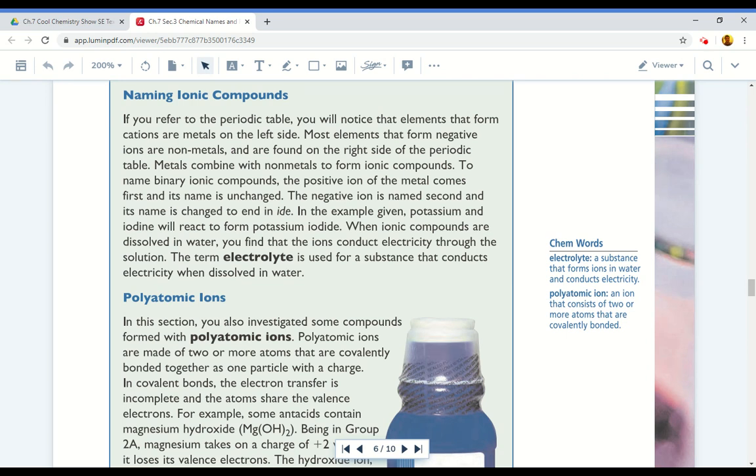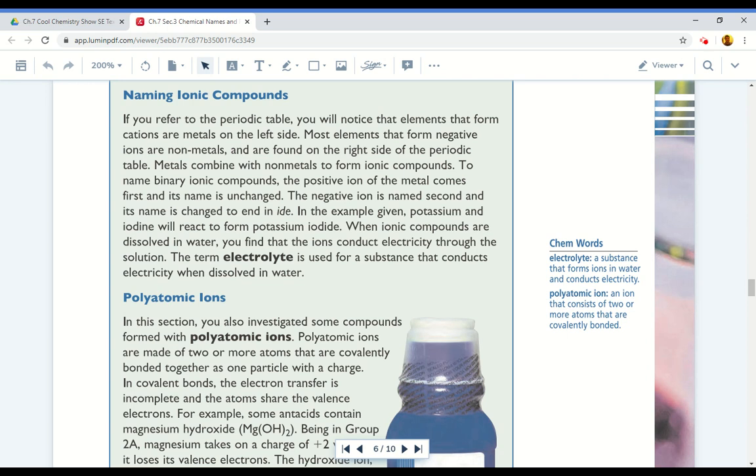To name binary ionic compounds, the positive ion of the metal comes first and its name is unchanged. The negative ion is named second and its name is changed to end in "ide." In the example given, potassium and iodine will react to form potassium iodide.